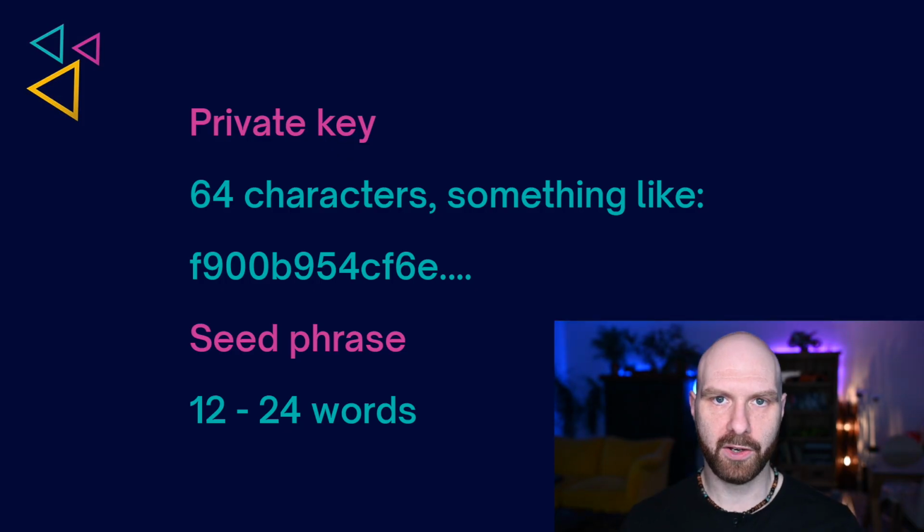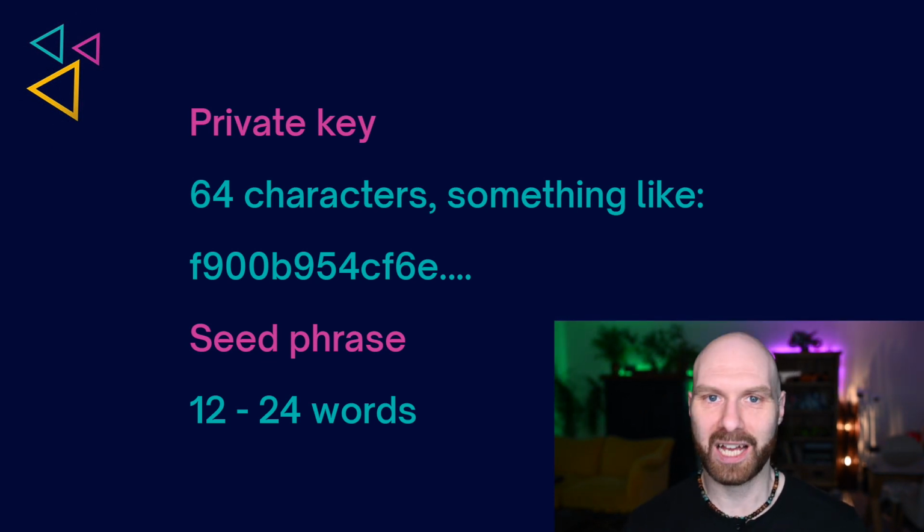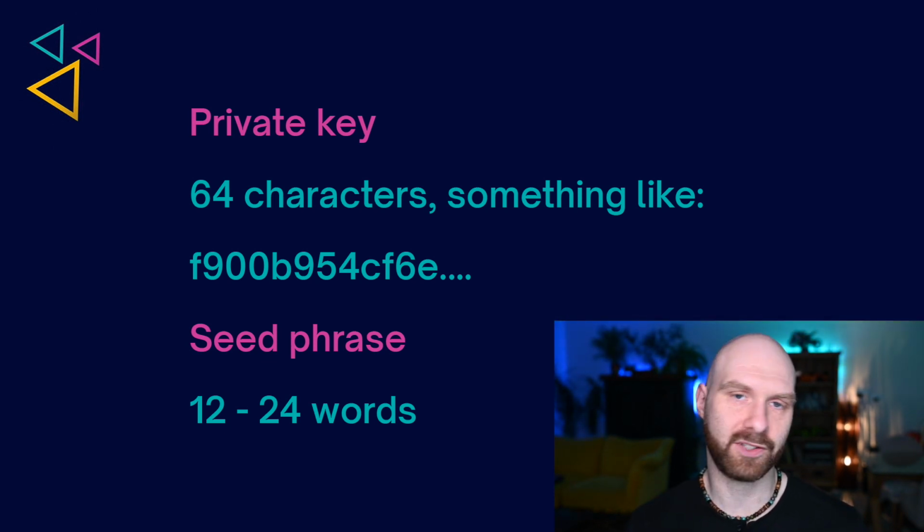So here I'm using Ethereum as an example, the Ethereum blockchain. As you can see, a private key is a string of characters, letters and numbers, which in the case of Ethereum is 64 characters long. And then seed phrase is that set of 12 to 24 words. We use seed phrase because although you could use that private key, it's really difficult and not user-friendly to type in 64 characters, right?